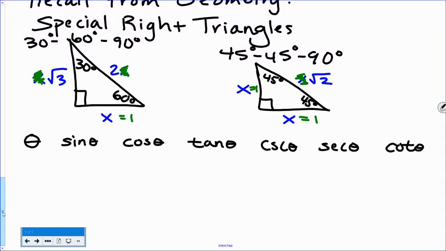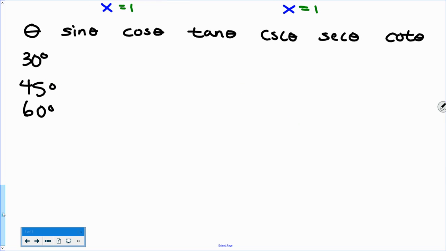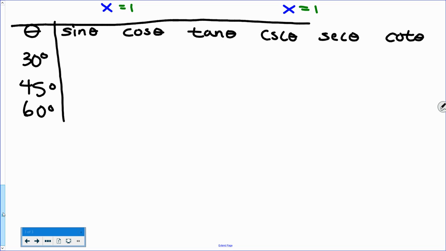All right, so I'm gonna make a little table here. The angle I want for theta will have 3 angles, so we're gonna have 30 degrees, 45 degrees, and 60 degrees. So if you've got lined paper, yours might look a little bit nicer than mine's gonna look.